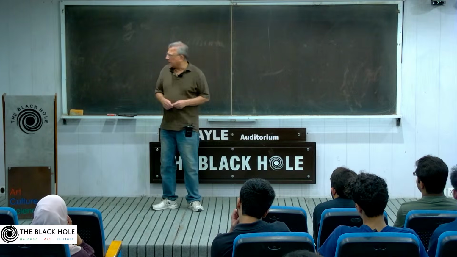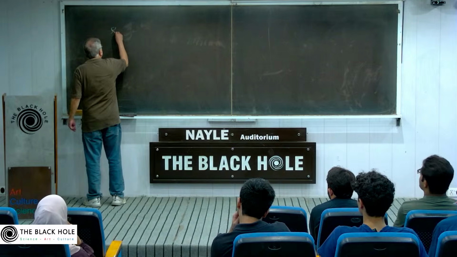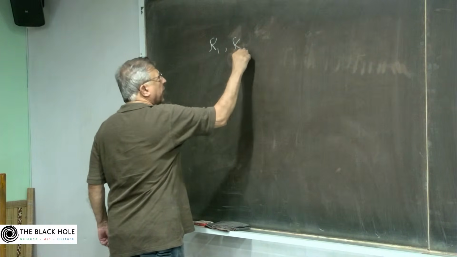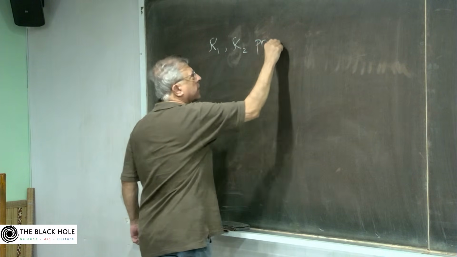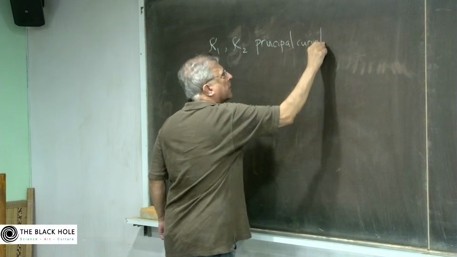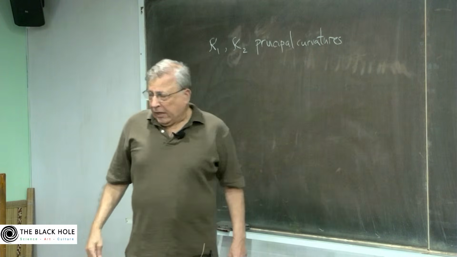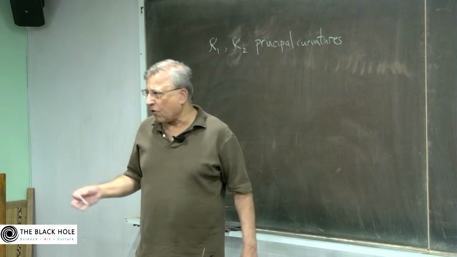Okay, so this is what Gauss said. He said there are two numbers, K1, K2, and these are the principal curvatures. These can be found intrinsically by an ant which is crawling around.